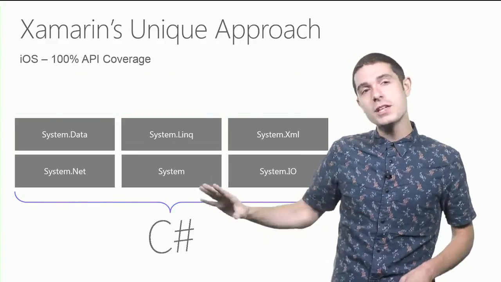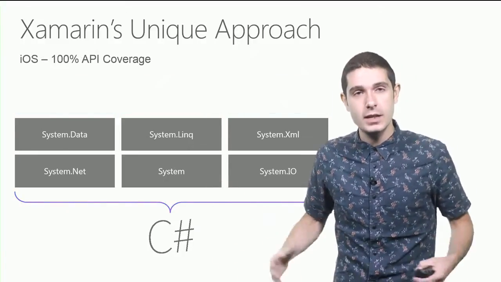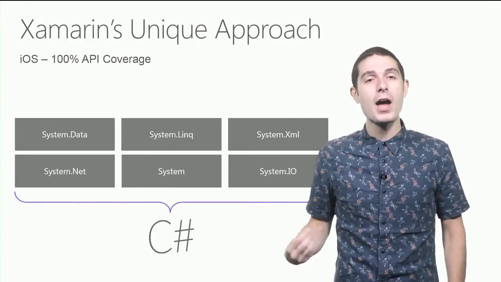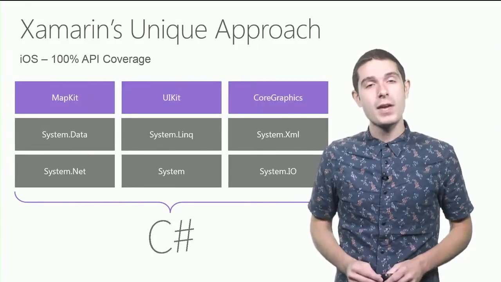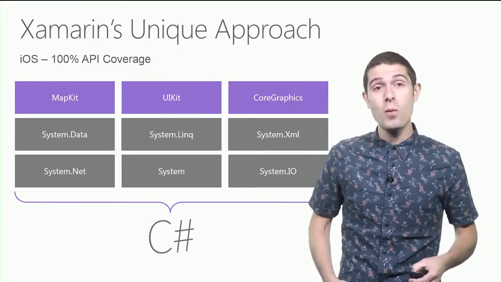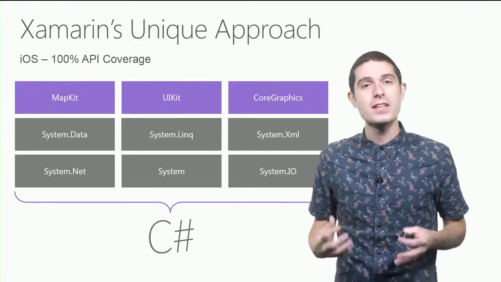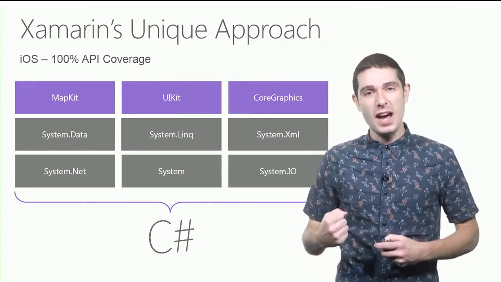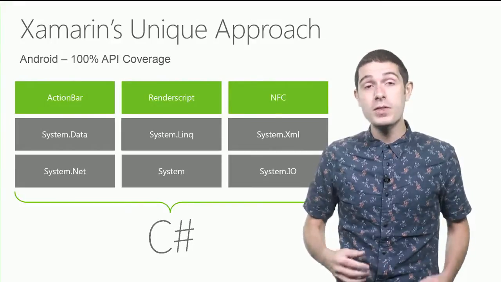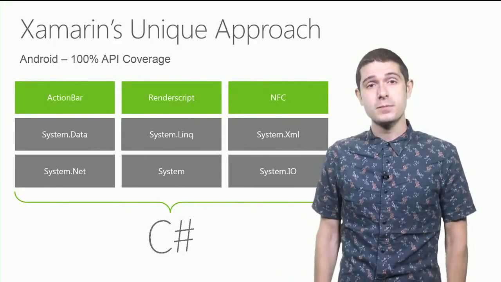You still get all of the .NET goodness, such as data and LINQ and XML, but we give you 100% API access on both iOS and Android for all of the APIs. And then you get to take advantage of C# features like LINQ, async await, lambdas, delegates, events, things that we know as C# .NET developers. And of course, we do the same thing over on Android, but with the Android APIs.